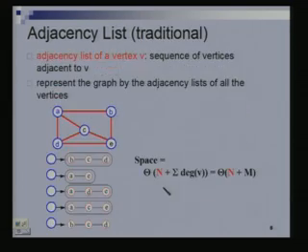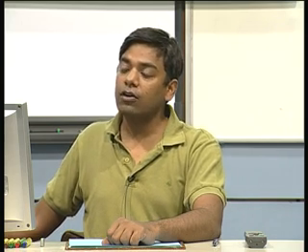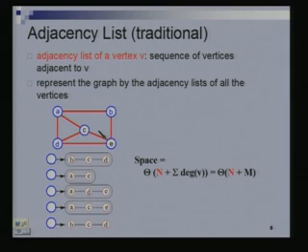Let us see in what regard is this better than this? Suppose I said the operation given a particular edge.